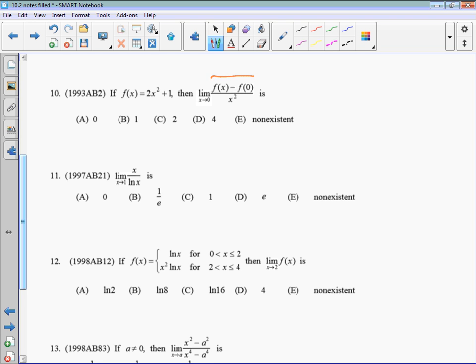So first, let's substitute in there. So I'm going to have the limit as x approaches 0. Well, what is f of x? Okay, so 2x squared plus 1 minus f of 0. Well, what's f of 0? 1, okay, over x squared.